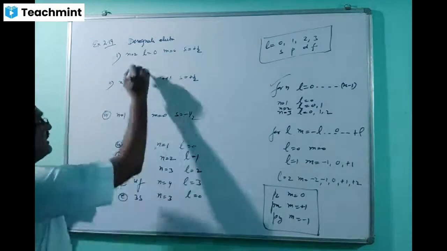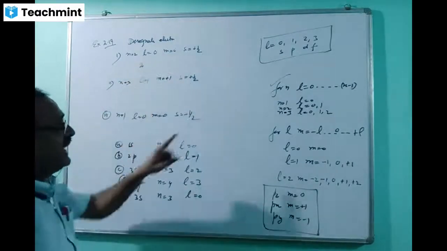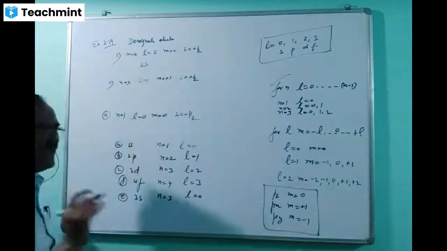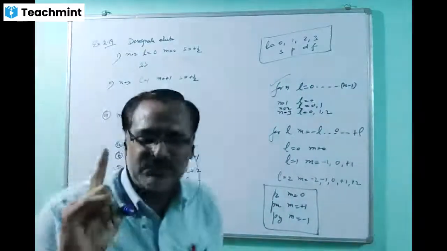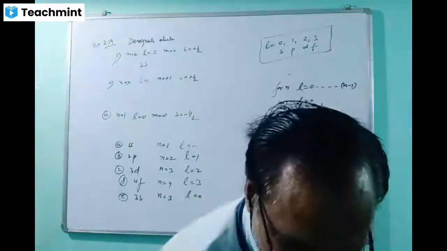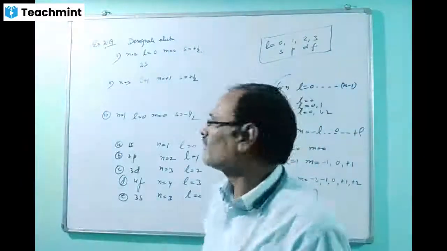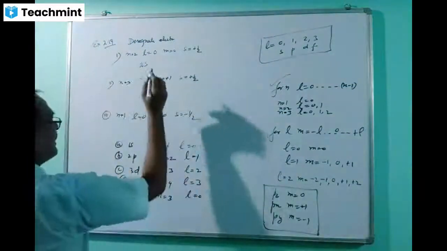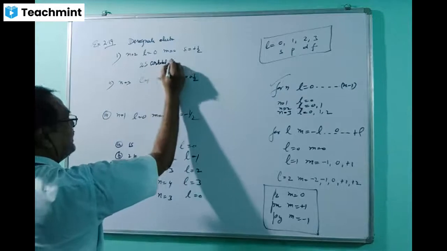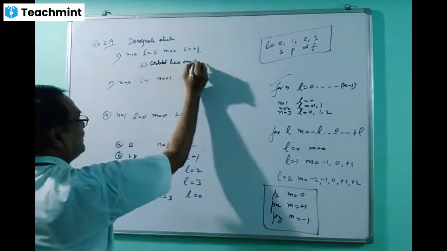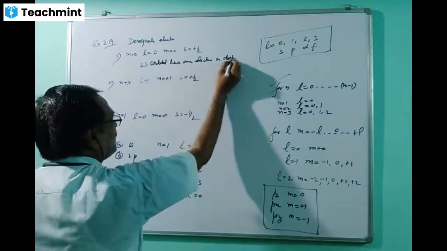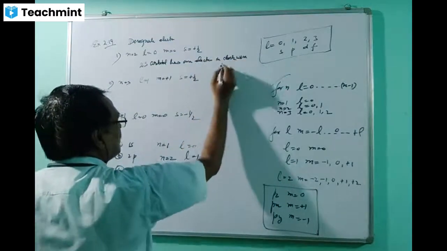So this is 2s. The 2s orbital contains one electron. What is the spin of the electron? Clockwise. Yes, clockwise. The 2s orbital has one electron in clockwise motion.